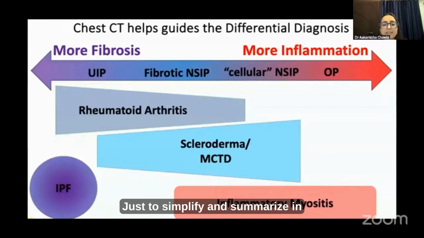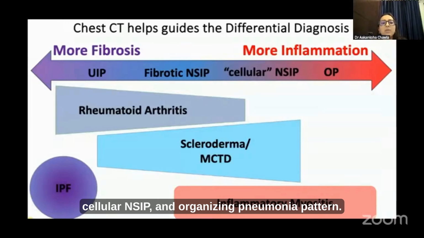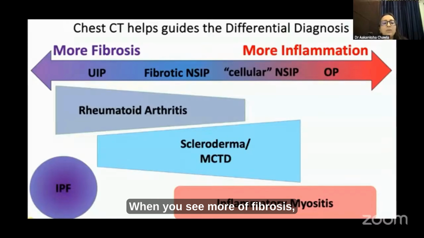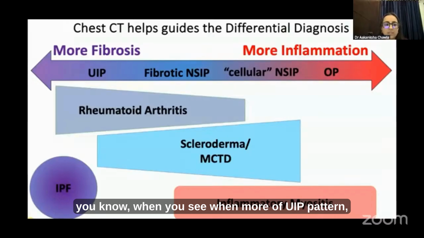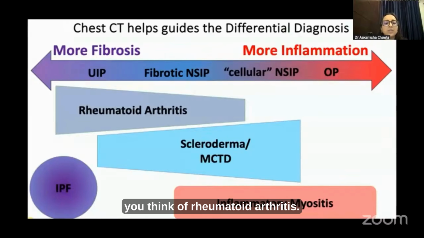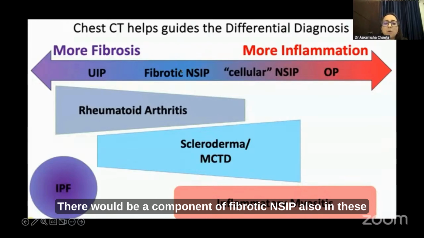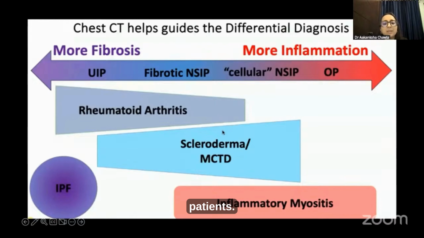Just to simplify and summarize in brief, we've talked about the UIP, fibrotic NSIP, cellular NSIP, and organizing pneumonia patterns. When you see more fibrosis, more of a UIP pattern, you think of rheumatoid arthritis. When you see more of cellular NSIP, then you think of scleroderma or mixed connective tissue disease. There would be a component of fibrotic NSIP also in these patients.